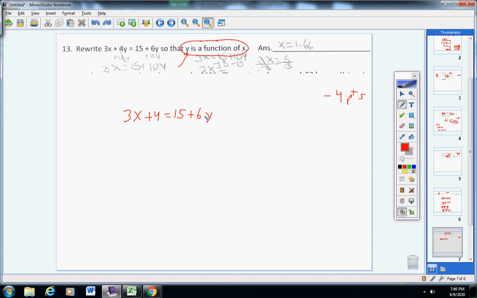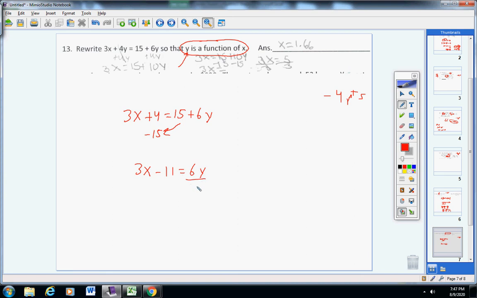No. Can I simplify this side? No. So I want to get y by itself. Well, this term doesn't have a y, this term doesn't have a y, and this term doesn't have a y. This term does. So get this term here all by itself. So bring the 15 over, make it a negative 15, and we're left with 3x minus 11 equals 6y.